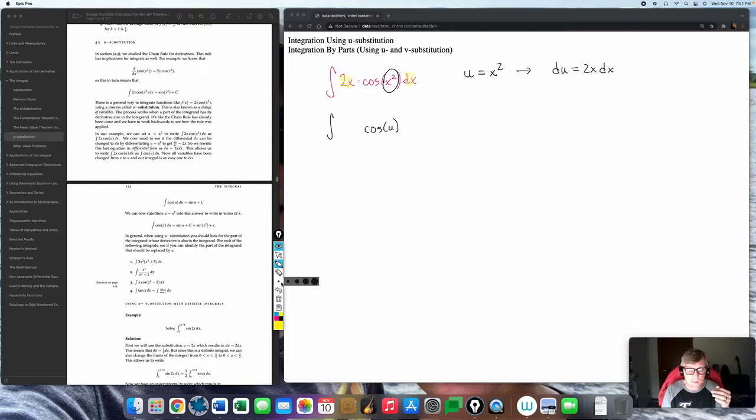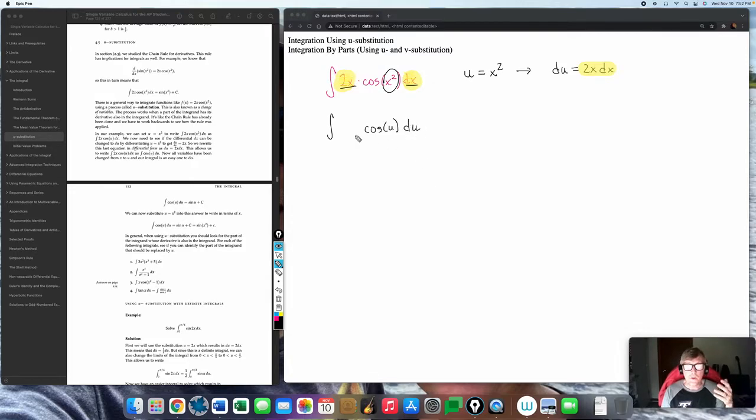Well, it just so happens that what I have left over is exactly du, right? So I'm now going to substitute this times this and make it du.